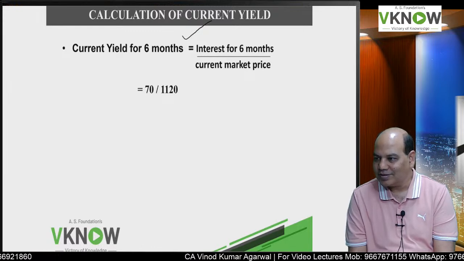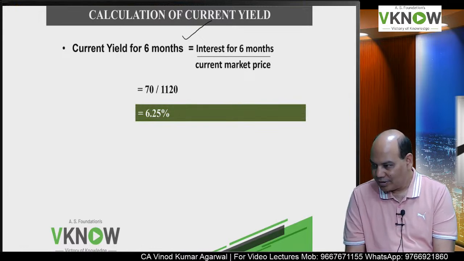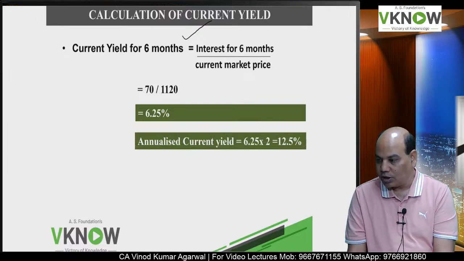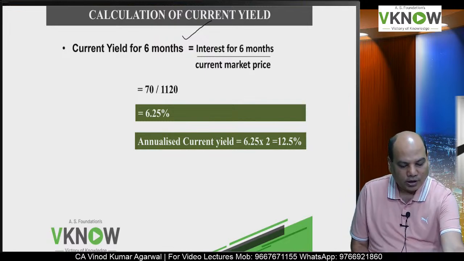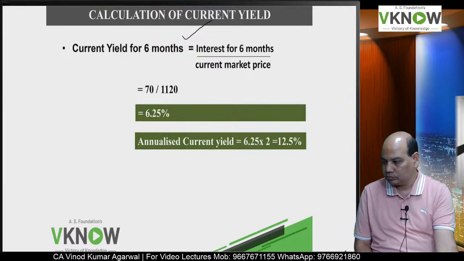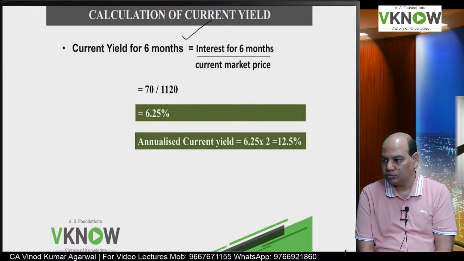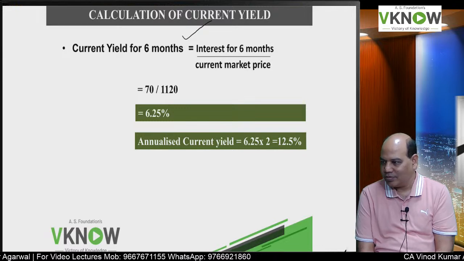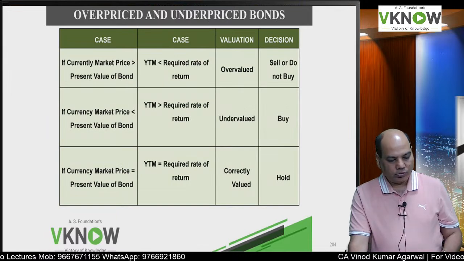Yes, what is the answer? 6.25%. Very good, Roshni. But this is for 6 months, so write down below annualized current yield is equal to 6.25 into 2, 12.5%. Is it right? So that was current yield.